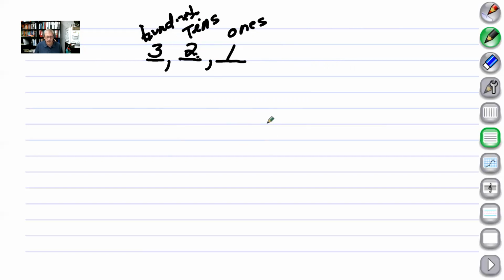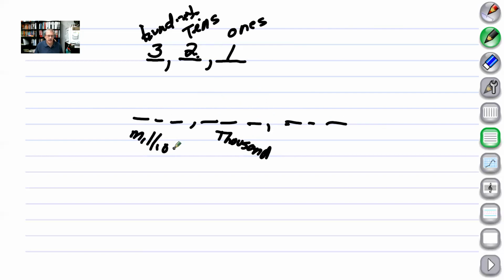But let's try this a little bit more over here. We can add another group to it, and again, it has hundreds, tens, and ones. This group is called your thousands. Then we can add another group, billions, and another group of 3.